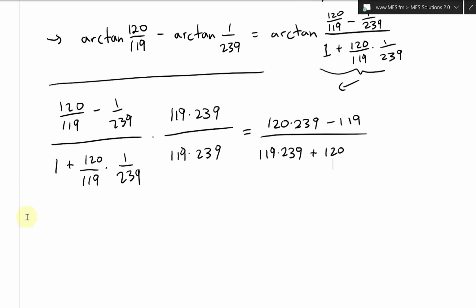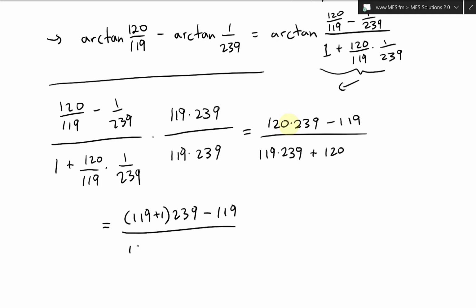Now, instead of just putting this in a calculator, let's do some algebra. So I'm going to factor out this 120 into 119 plus 1, times 239 minus 119, all over 119 times 239 plus 120.